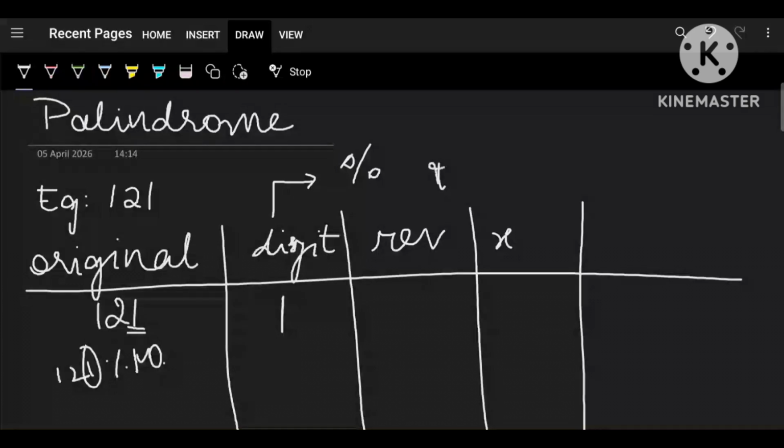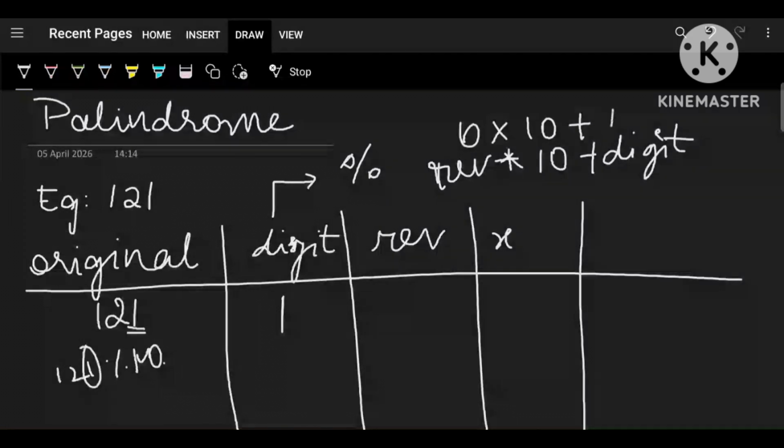Initially the reverse was 0, so it is 0 into 10 plus 1, so that is 1, and x we will take by dividing it. So 121 divided by 10 is 12.